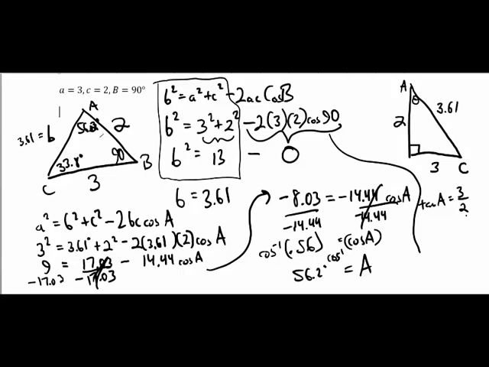If I take the inverse tangent of both sides, I now have A is equal to the inverse tangent of 1.5, or 3/2, and that gives me an answer of 56.3. Again, I'm pretty close to the actual answer, and that's what we're showing here, that you can use the law of cosines on a right triangle if you want to. Of course, knowing the trigonometry for the right triangle can be a lot faster.